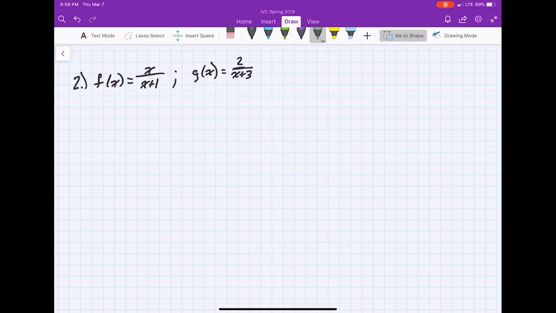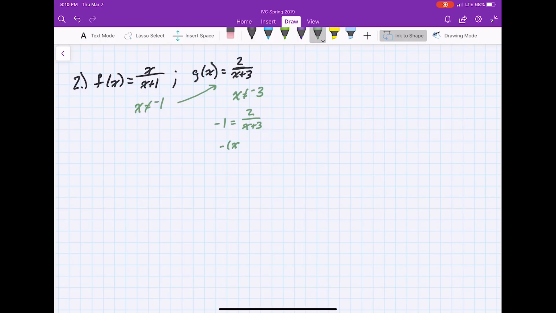Same thing for number 2. We are going to put g inside of f. So for g, x cannot equal -3, otherwise that would be undefined. And for f, x cannot equal -1, or that would be undefined. So we'll take the -1, we'll set the function g to equal -1, and we will solve for x, if it's possible, which in this case it is because it's not equal to 0.